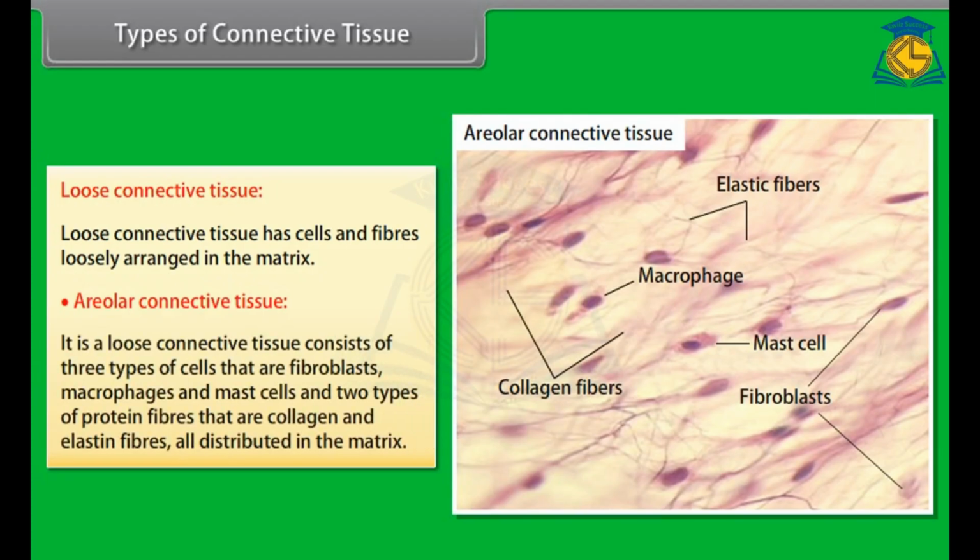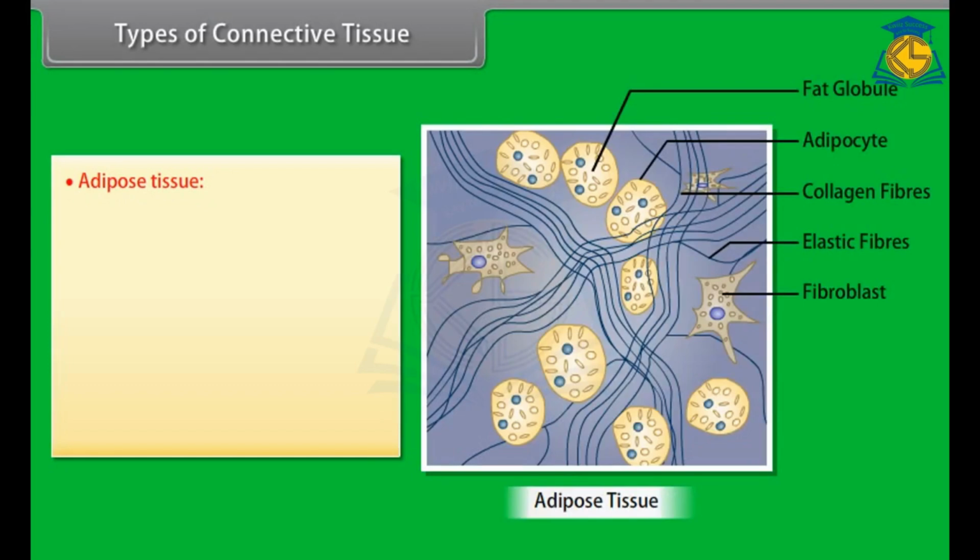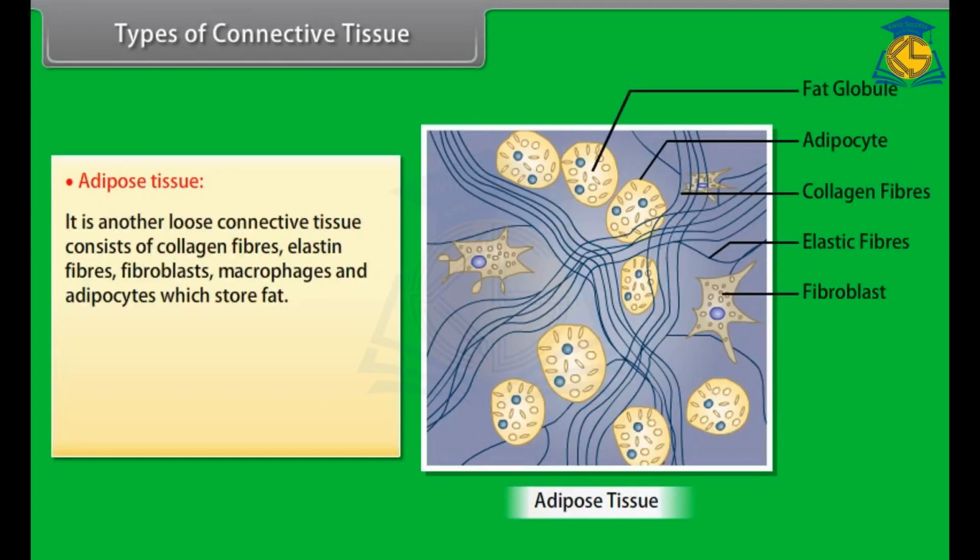It is a loose connective tissue, consisting of three types of cells, that are fibroblasts, macrophages, and mast cells, and two types of protein fibers, that are collagen and elastin fibers, all distributed in the matrix. Adipose tissue.